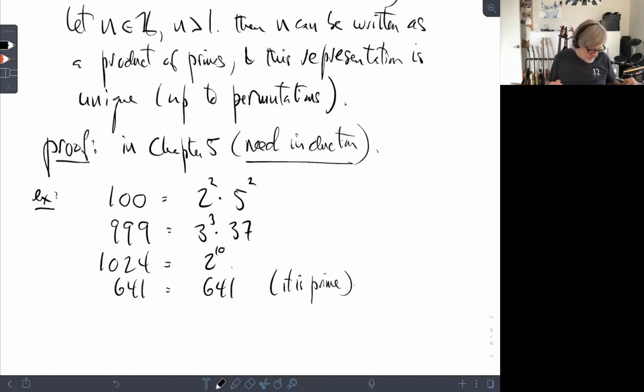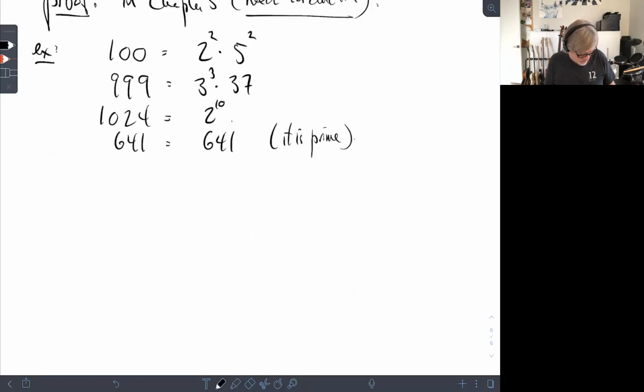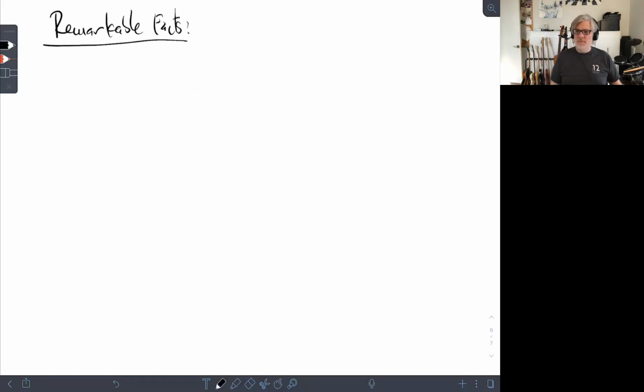I want to just take a little step to the side here to relate this to more computer science-y things. Here are some remarkable facts, some of these things are really fundamental. The first remarkable fact is this. So consider the following problem.